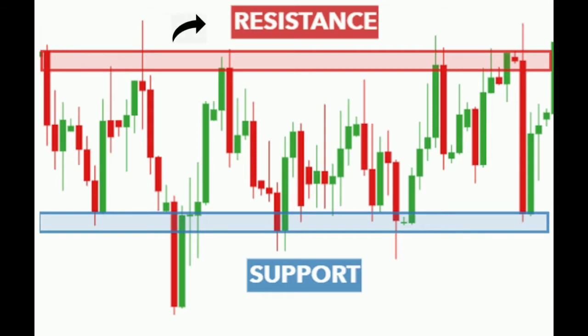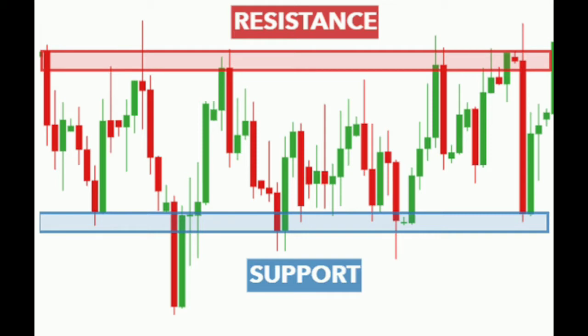The resistance rejection zone is caused by too many sellers at the resistance level, which forces the price to be pushed downwards, and the support rejection zone is caused by too many buyers at the support price level, which forces the market to be pushed upwards.